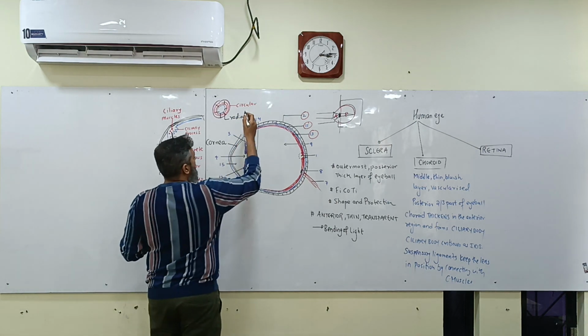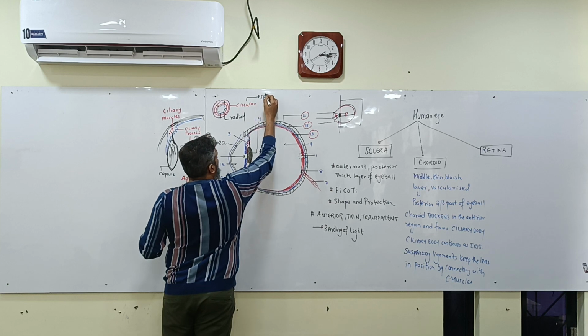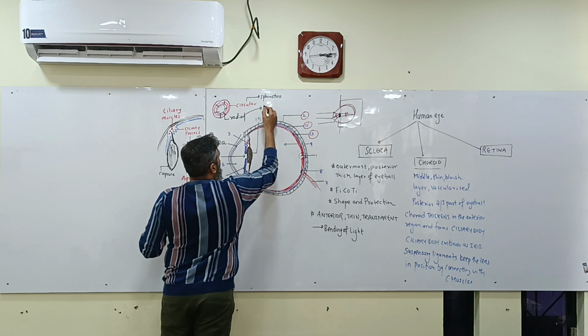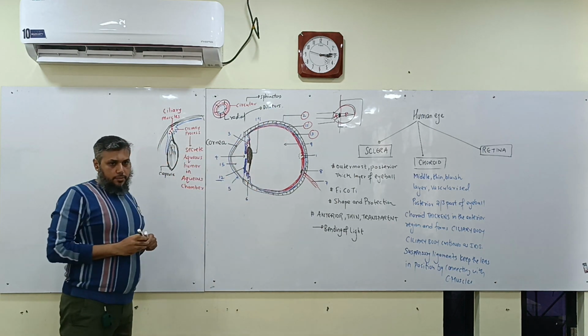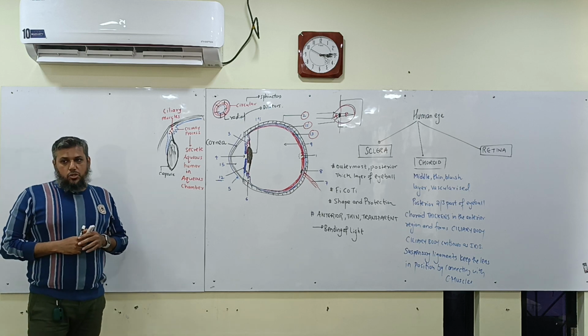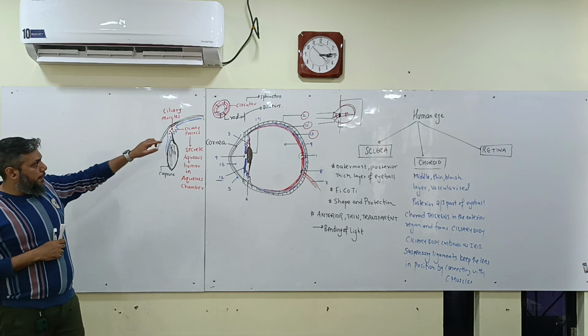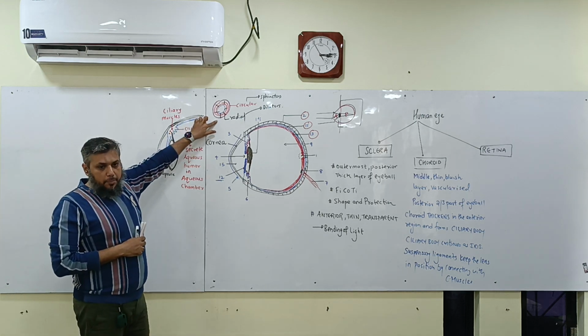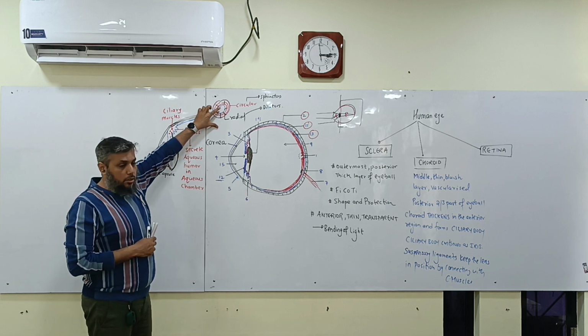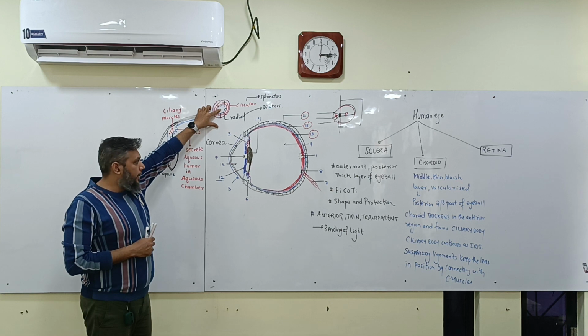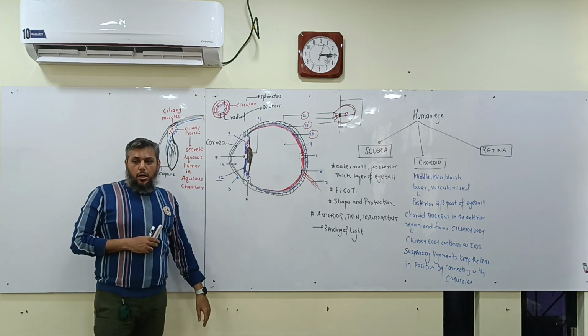And the circular muscles are actually sphincters, and the radial muscles are dilators. So the muscle of the iris maintains the size of the pupil, and that decides how much light is going to enter into your eyes.